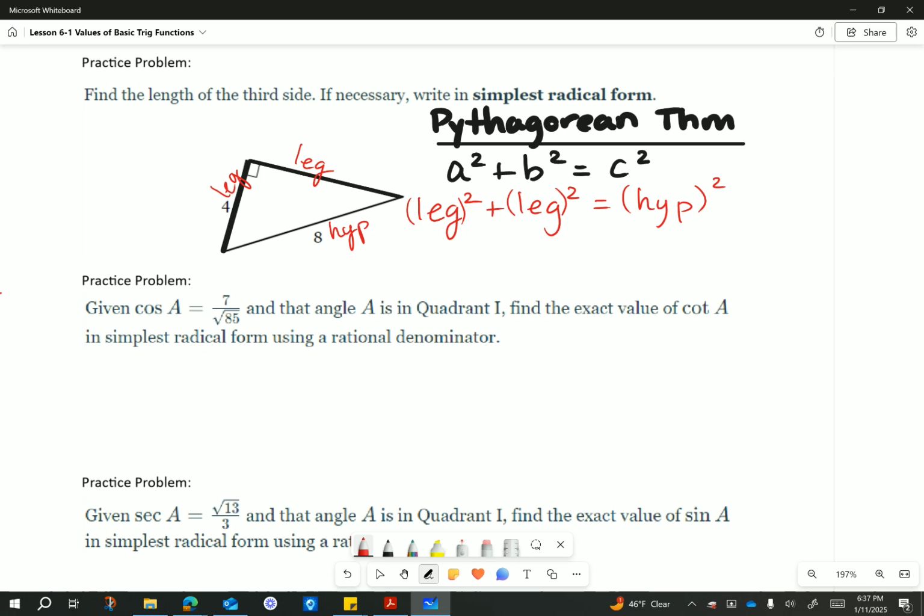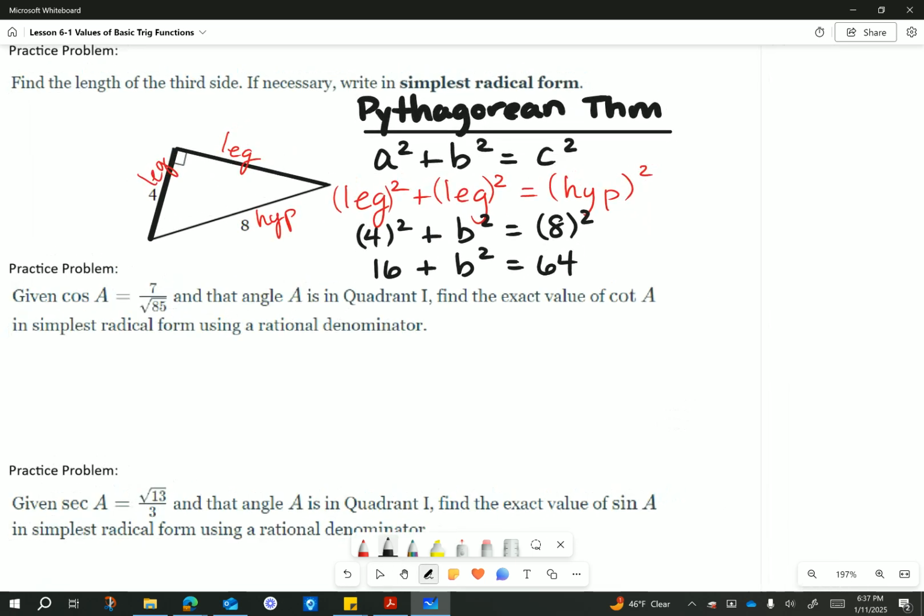So in our particular problem, let us substitute. We have a 4 squared plus, we don't have another leg, so we can call it b squared, equals the hypotenuse, which we have to be 8 squared. You are going to simplify. 4 to the second power is 16. 8 to the second power is 64.